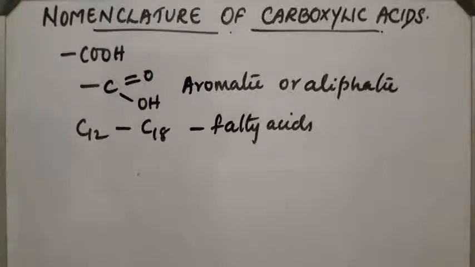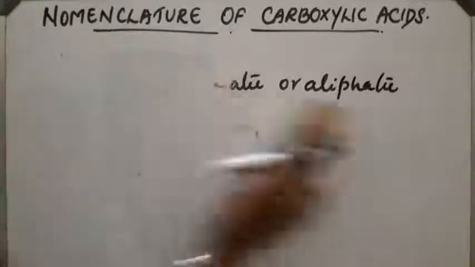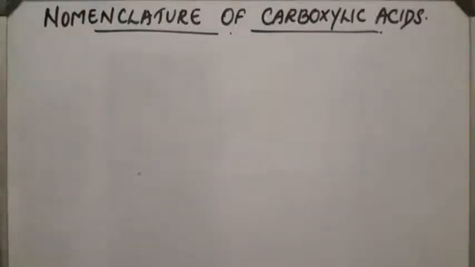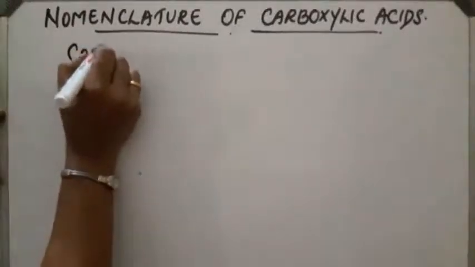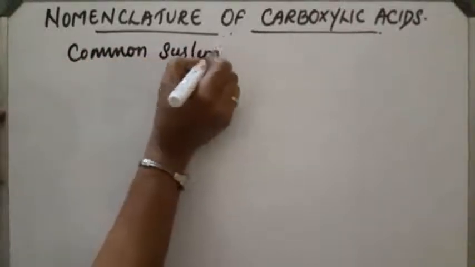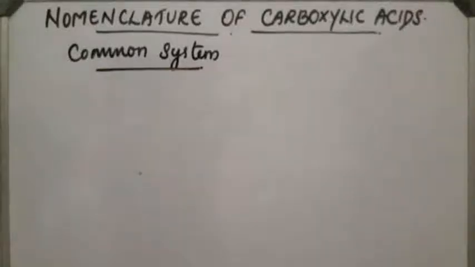Next, nomenclature of carboxylic acids. There are two systems of naming: the common system of naming and the IUPAC system of naming. First, the common system. In the common system of naming, the simple acids are known by their common names.